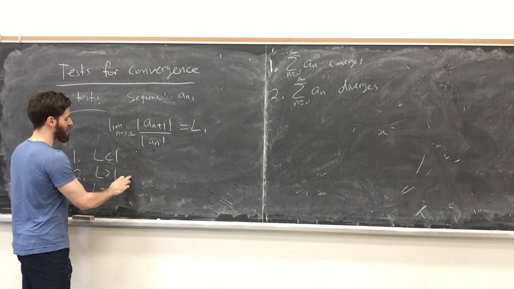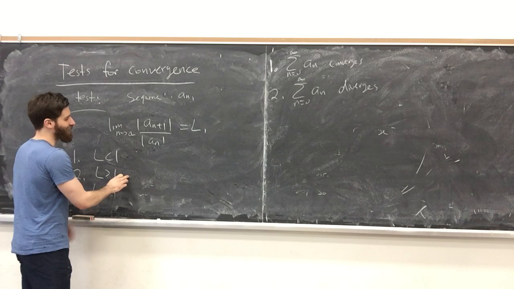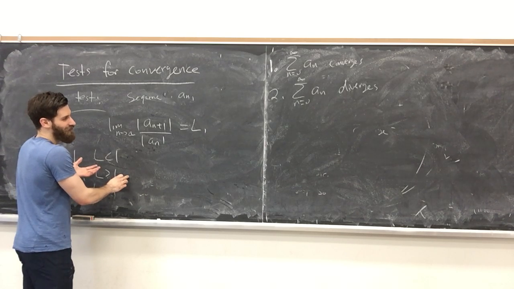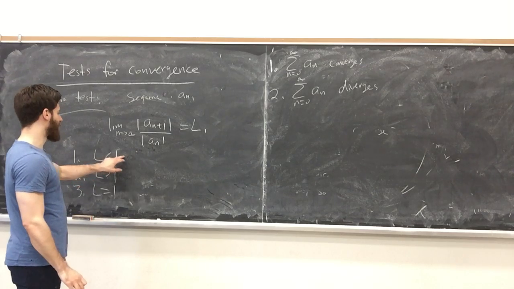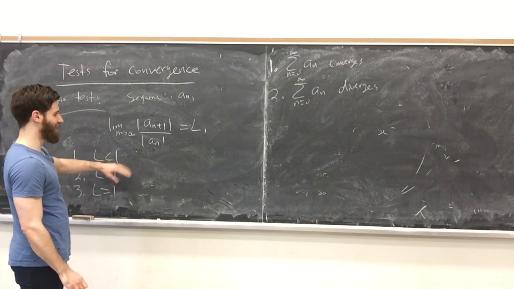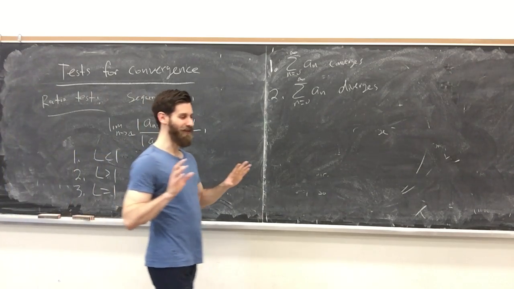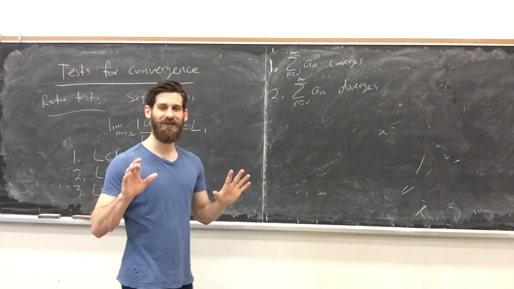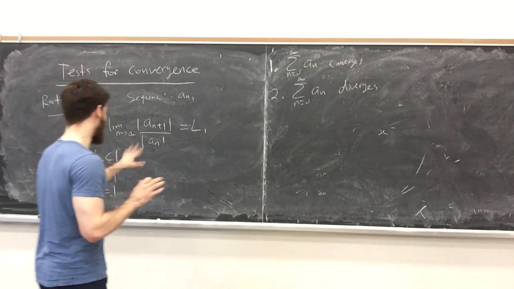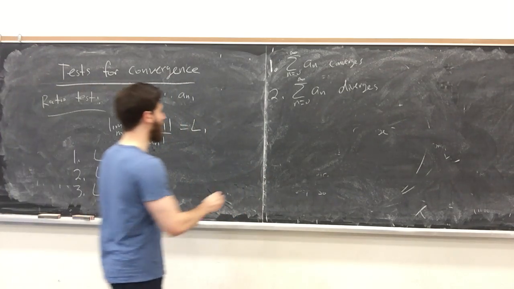So if the terms are getting bigger and bigger, it can't converge. There's no way. That's just a kind of sanity check. I don't know if that makes sense to you, but you should think about it more.